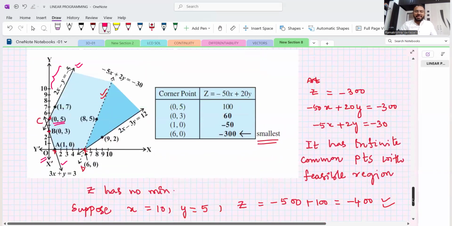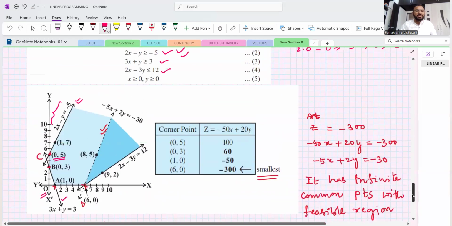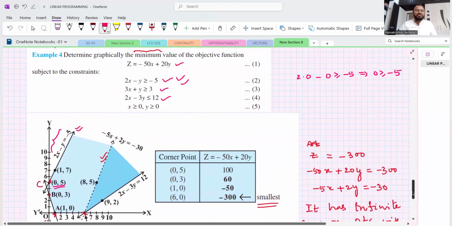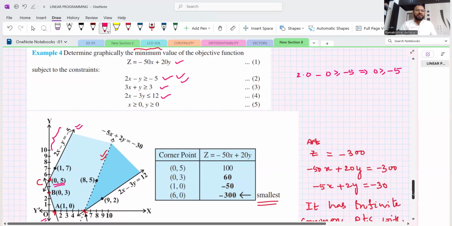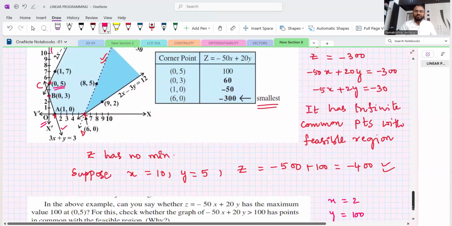This constraint I have to check. What is that? X is equal to 2, y is equal to minus 100. So x equal to 2, minus 100 is not satisfied. No, it's not at all. We have to get something. All right.